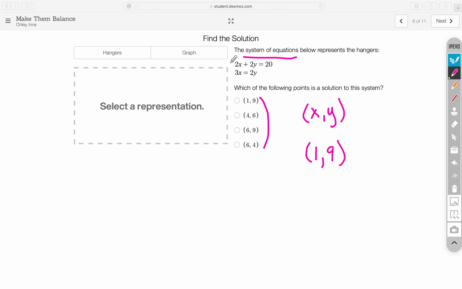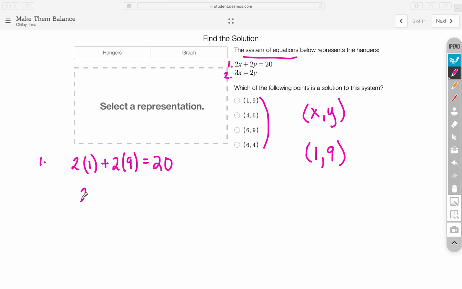So like for the first equation, this is the first equation, this is the second equation. For the first equation, 2 times 1 plus 2 times 9 is equal to 20. So I plug in the values 1, 9 for x and y, and then I solve.